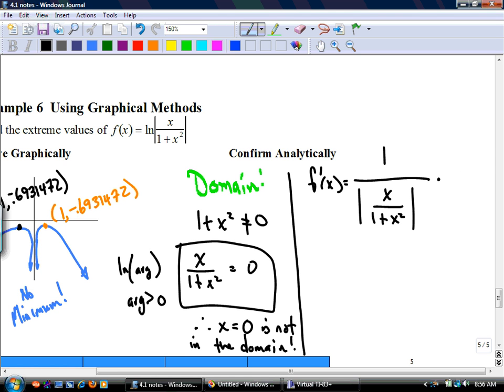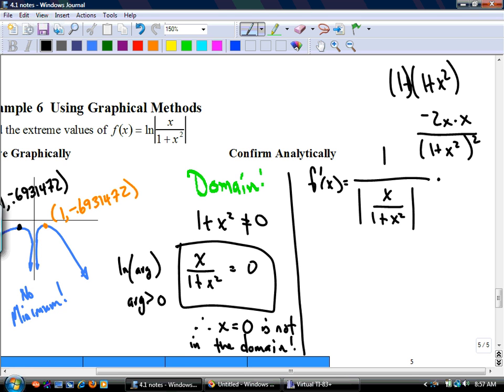Root of the top. 1 times the bottom, 1 plus x squared, minus the derivative of the bottom, minus 2x times the top, x, all over the bottom squared, 1 plus x squared squared.